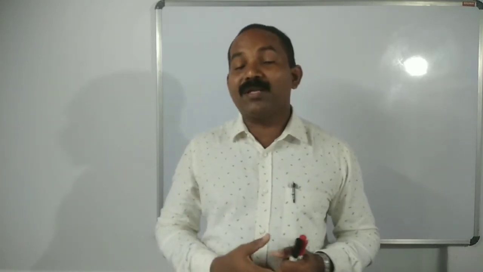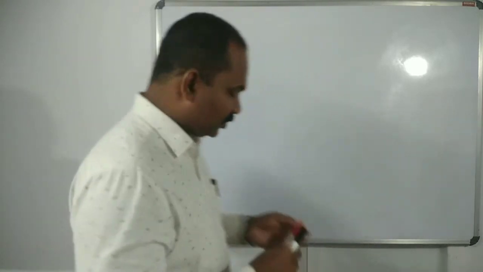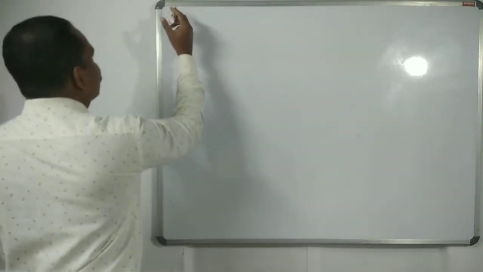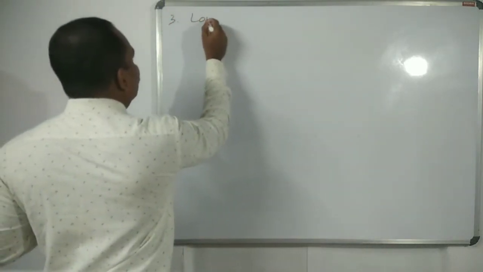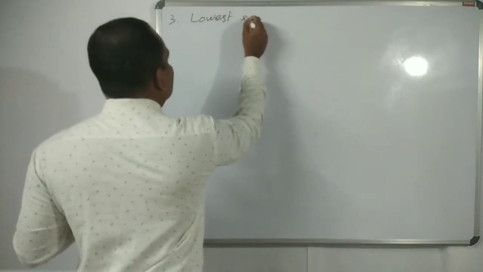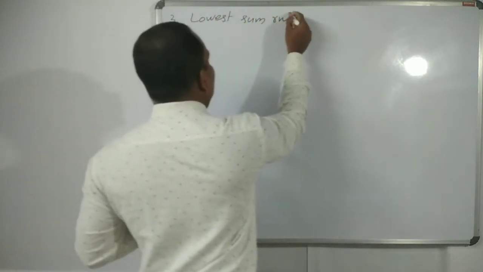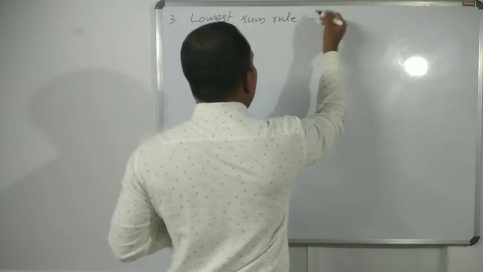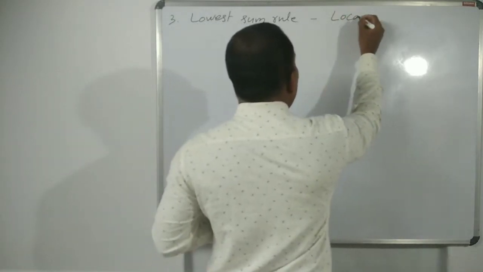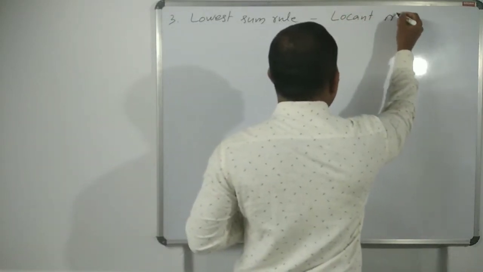Nowadays it is called the locant rule. So the third one is the lowest sum rule, and nowadays it is called the locant rule.